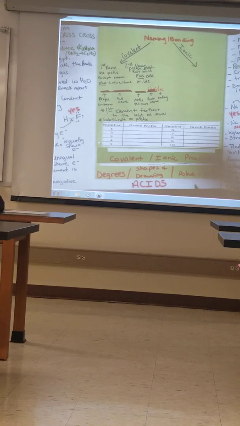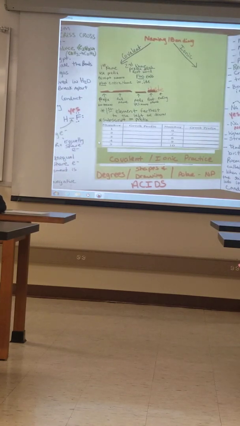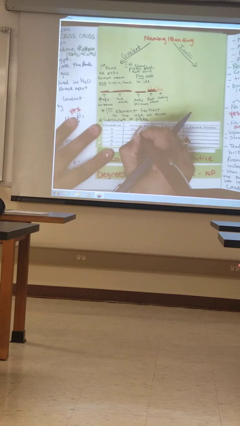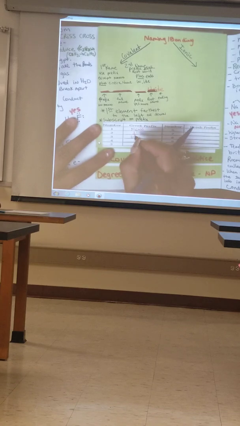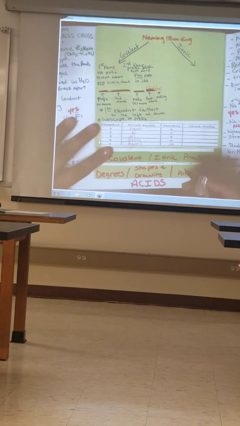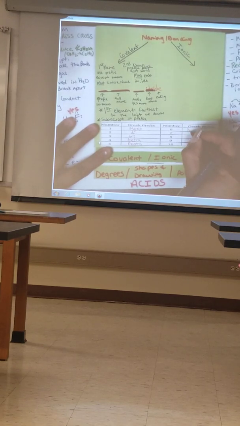And so, let's go ahead and continue with this part here. We know that a 1 is a mono, 2 is a di, 3 is a tri. I'm just going through them quickly, sorry. 4 is a tetra. If you need to take a picture of this, you're more than welcome to, or even after class if you want to. 5 is a penta. 6 is a hexa.